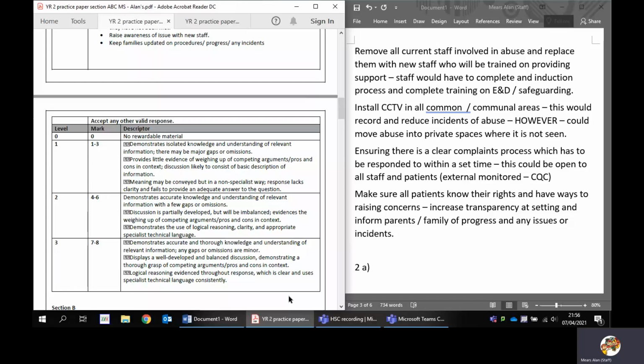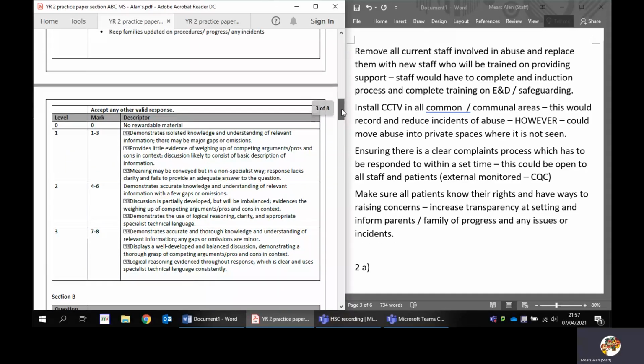And then lastly, logical reasoning and evidence throughout the response, which is clear and uses specialist technical language. So again, we've talked about equality and diversity, safeguarding, the CQC. There's a few more bits we could use, a bit more terminology, but as I say, it would probably be a good response in this rough bare bones answer here.